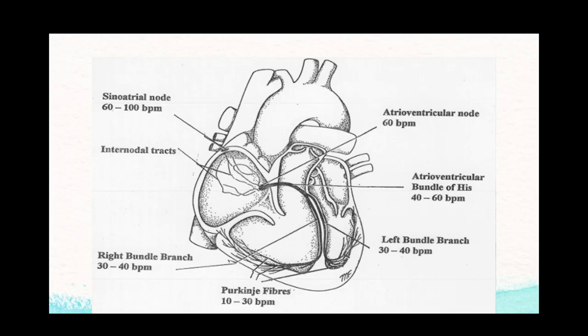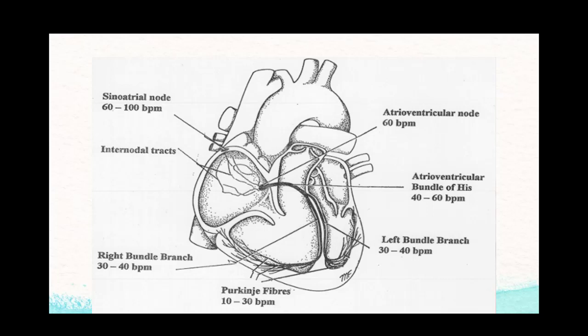Over 150 beats a minute, it's not coming from the SA node. It's coming from another source within the atria. So 100 to 150 is sinus tach. Over 150 we'll be calling supraventricular tachycardias. But our normal impulse starts at the SA node, and it travels down through internodal tracts.